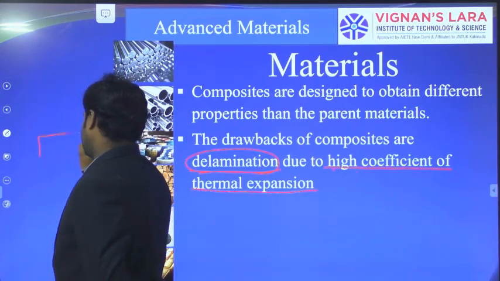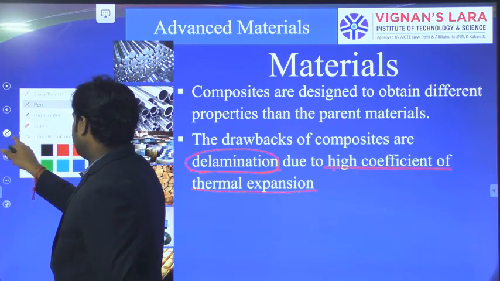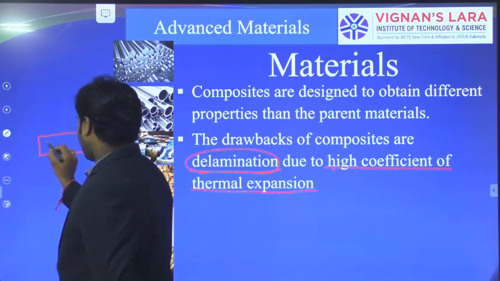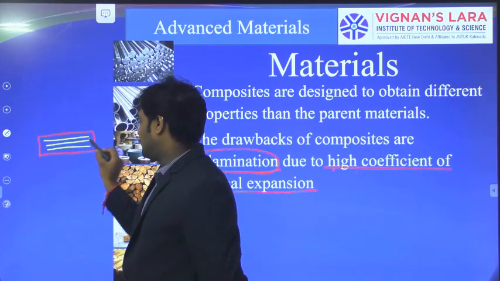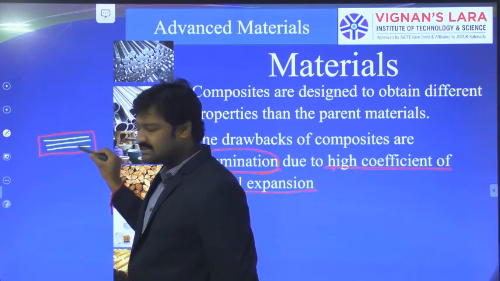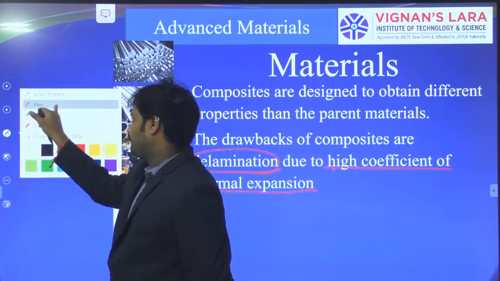Imagine two materials. This is the total composite material. In that composite material, we have different reinforcements. The shaded lines are fibers, and the remaining blue color is our matrix material.